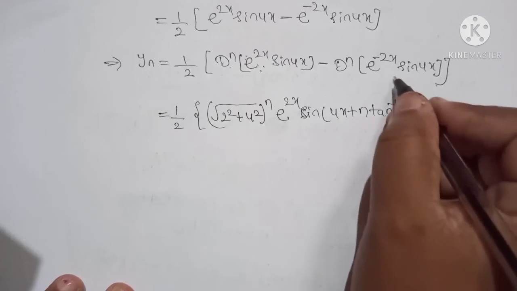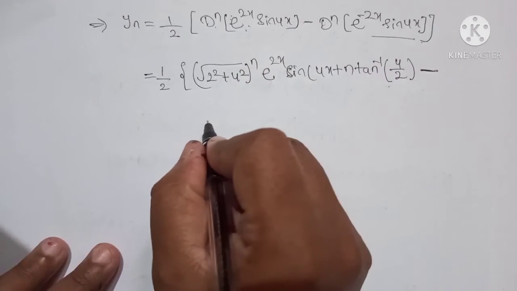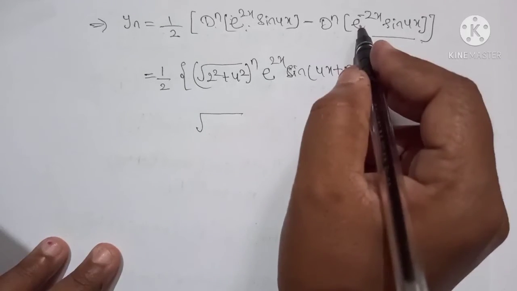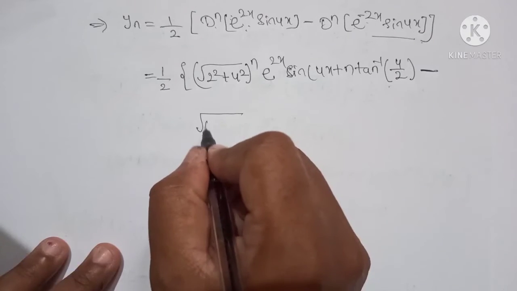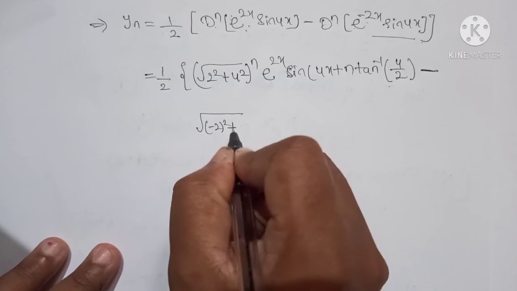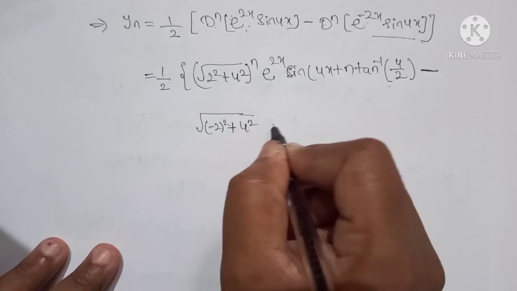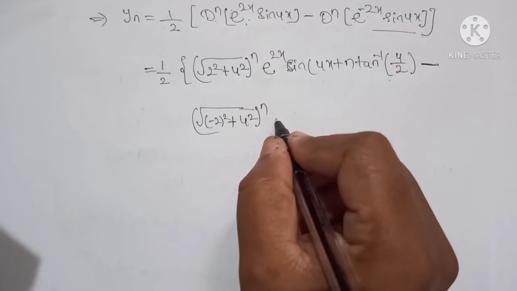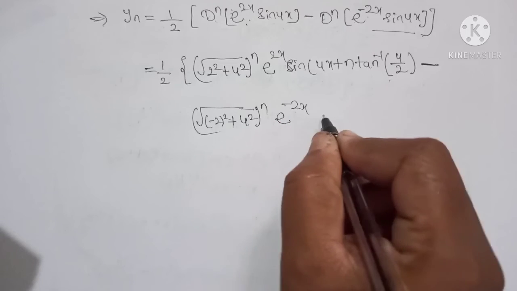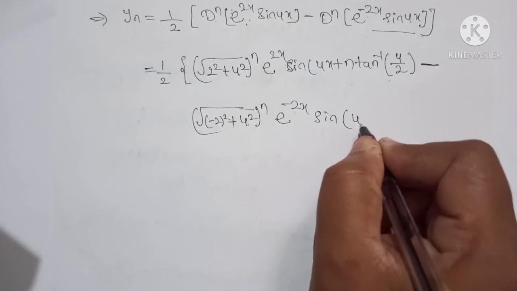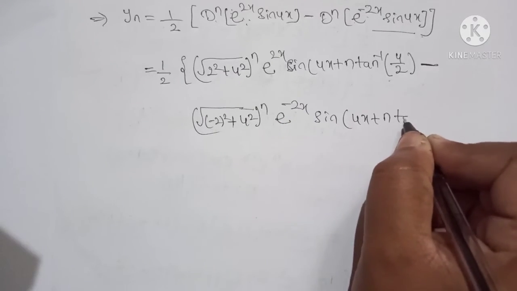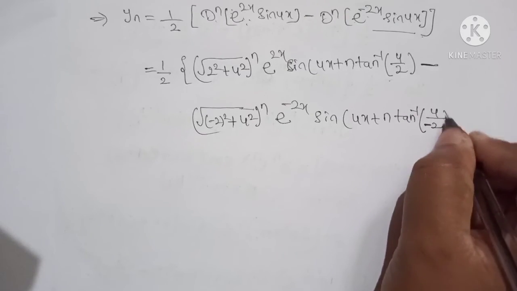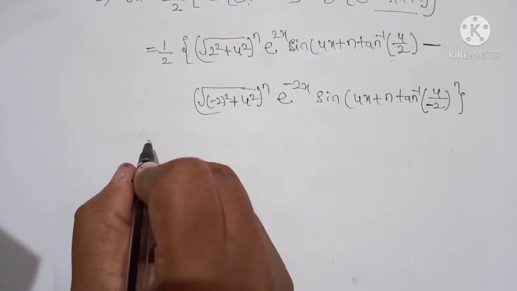Minus, for this one, square root of, here the a value is minus 2, whole square, plus b square, 4 square, whole power n, e raised to minus 2x sin of 4x plus n tan inverse of, again, b by a, 4 divided by minus 2.